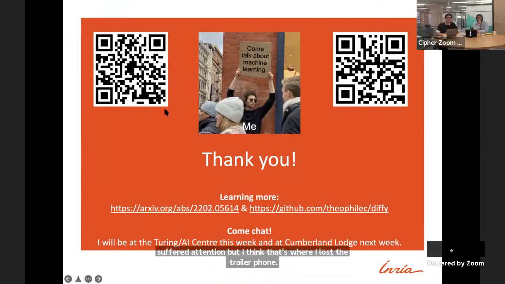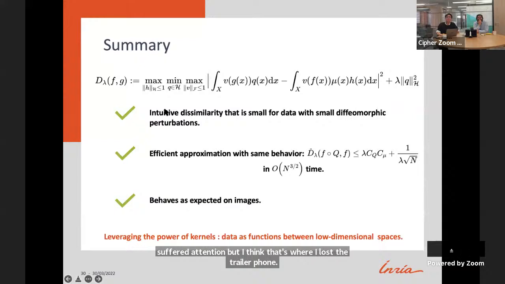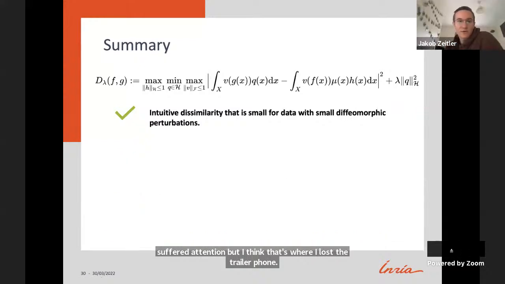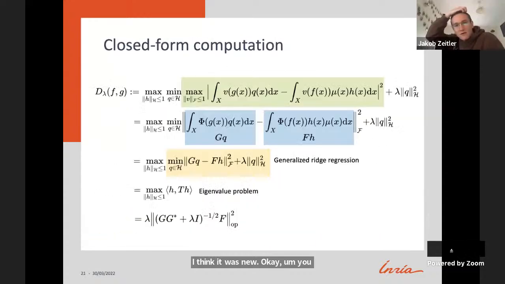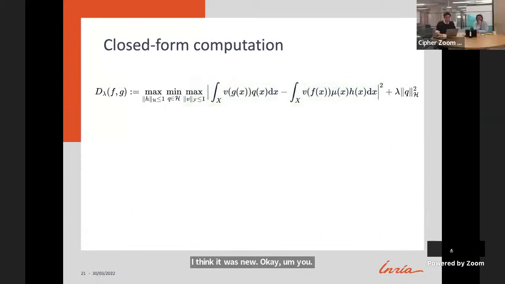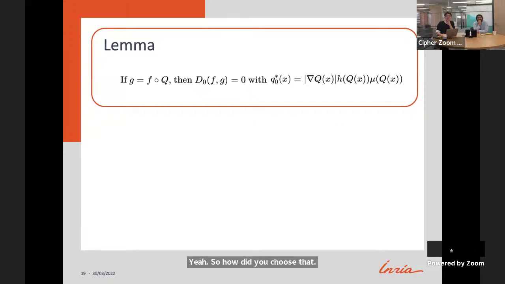Which part? Where you focus, I think it was the mu. Oh, okay, on mu, the mask. Yeah. So how do we choose that? You can choose it however you want.